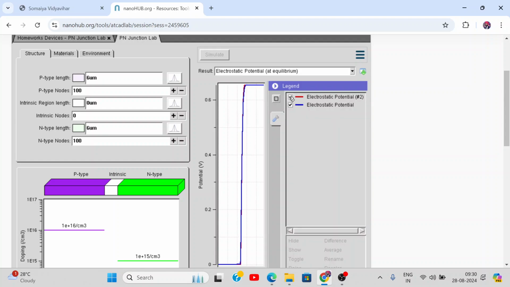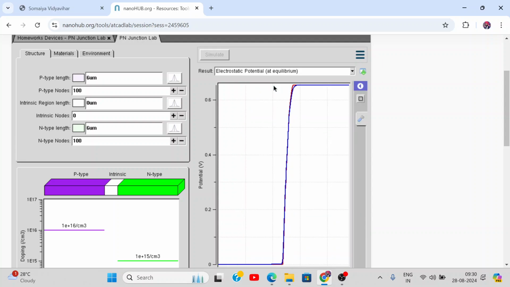Electrostatic potential at 9 nanometer. Yeah, we have changed some dimensions. That's why it's showing this, but it's nearby. It's fine. So what is this? This distance. As you can see, as I move around, this is the distance.